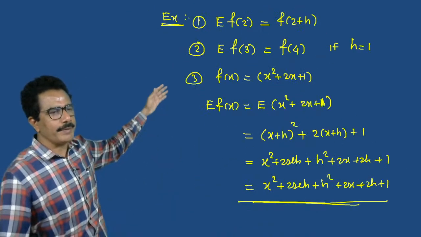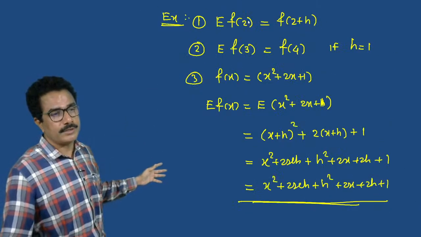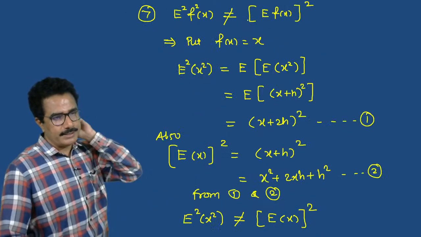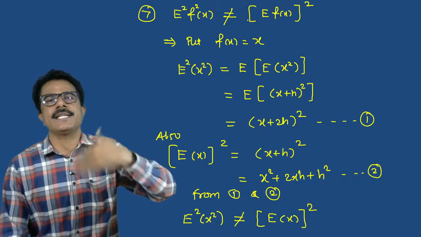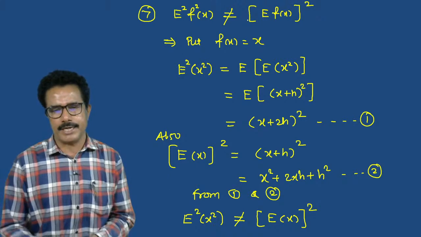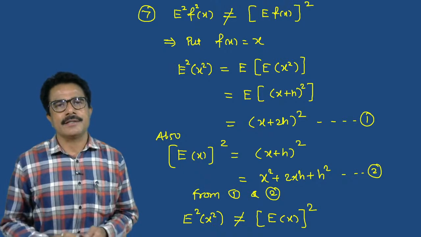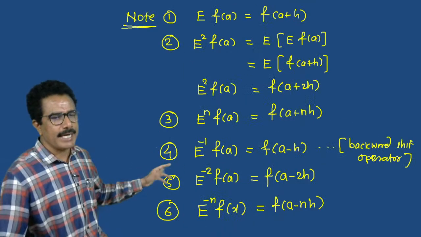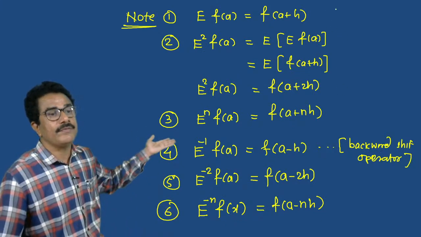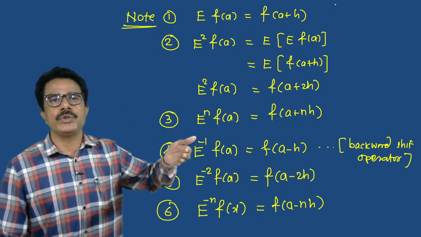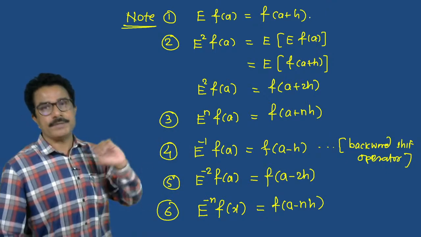E means the shift operator. This is how the shift operator is found. To shift, just find E of f of x, that is, write x plus h in place of x and write the function again, so it becomes the shift operator. What comes when we say backward shift operator? E raised to minus 1. These are the backward shift operators. These are the forward shift operators. If E is raised to a positive power, that is a forward shift operator. If E is raised to a negative power, that is a backward shift operator.